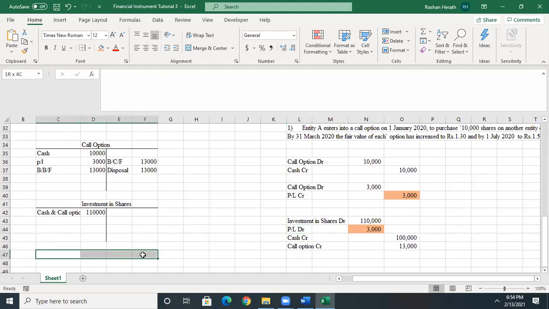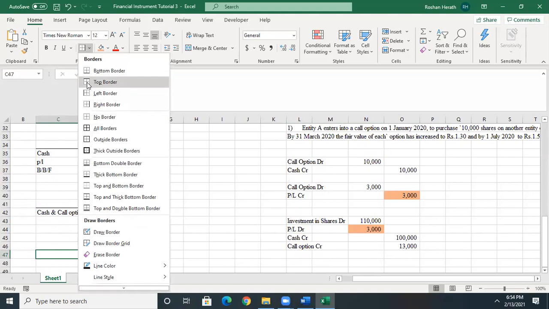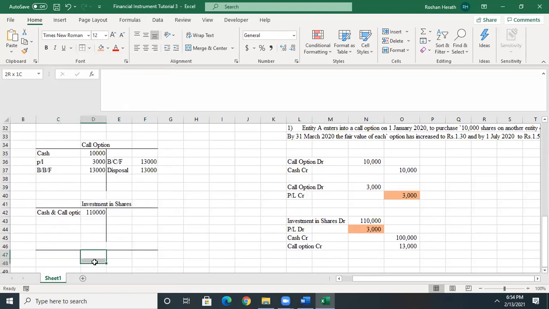So for that also, if you wish, you can create an account for the sake of completion. The year of disposal, you can say that is about loss on share transaction.